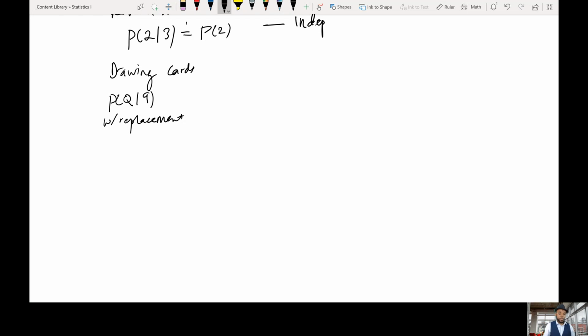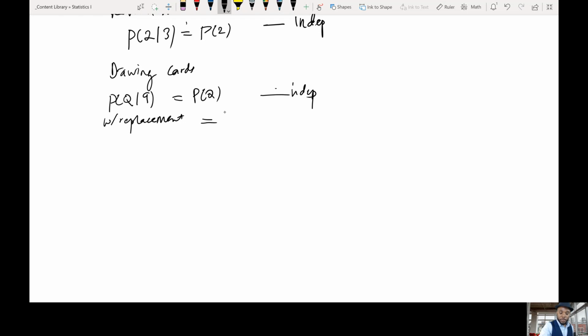What is it? So when we say with replacement, we've drawn a 9, we took a 9 out, and then we put it back in the deck. So it simply means that this equals the probability of Q. So these events are independent.